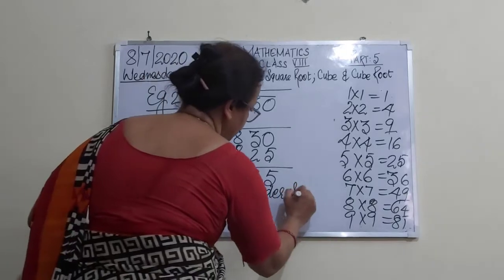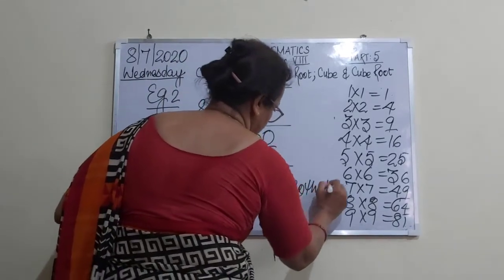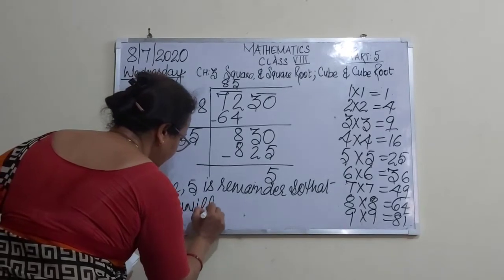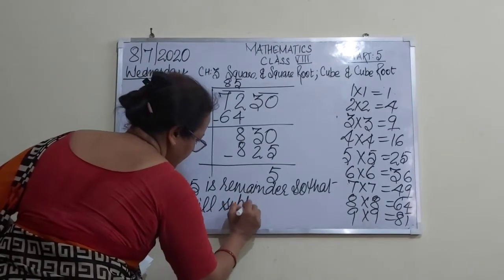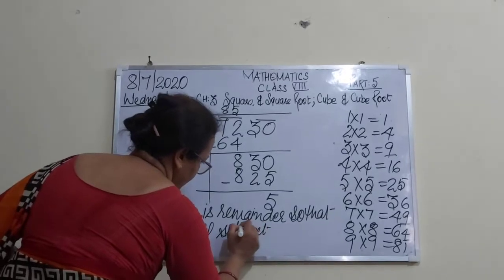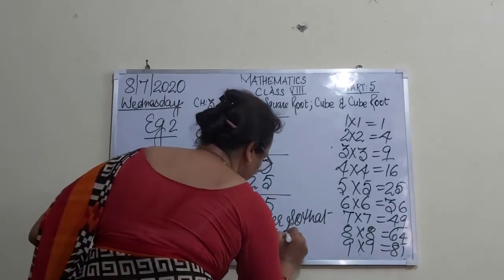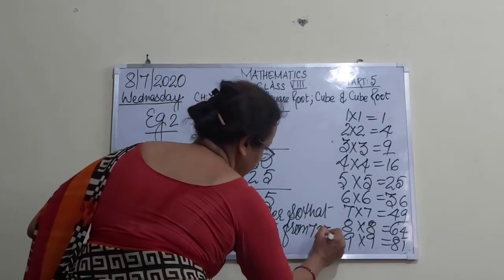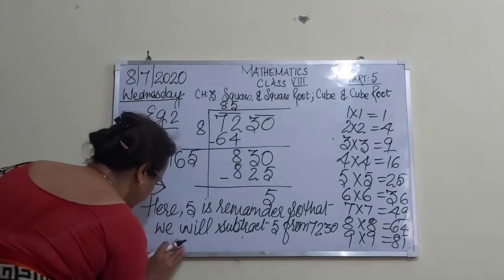So we will subtract 5 from 7230 to make it a perfect square.